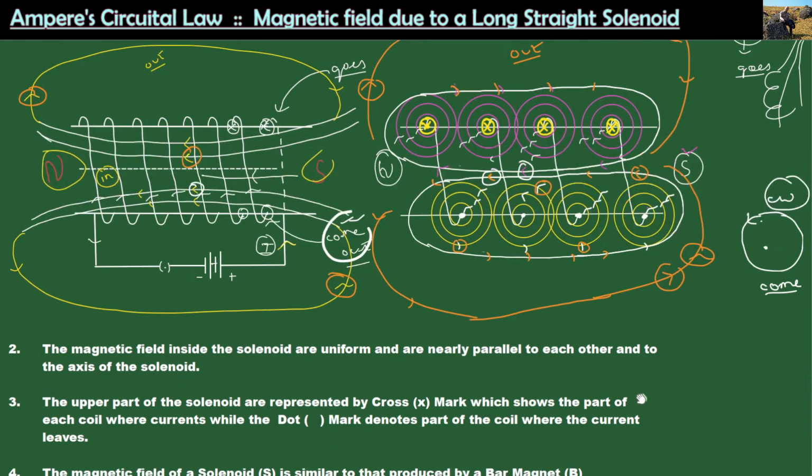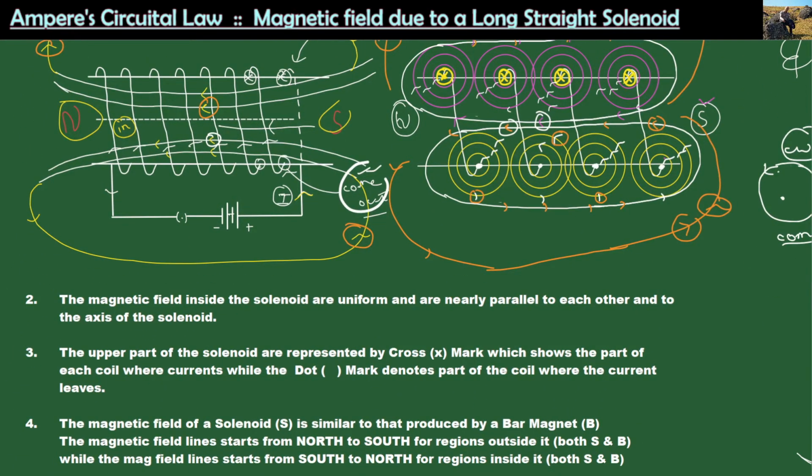So the magnetic field lines inside the solenoid are uniform and nearly parallel to each other. If you look here, this is field line number 1, this is field line number 2, this is number 3, and this is number 4.